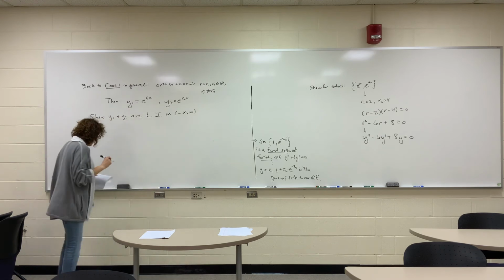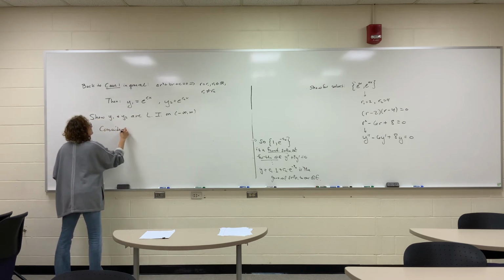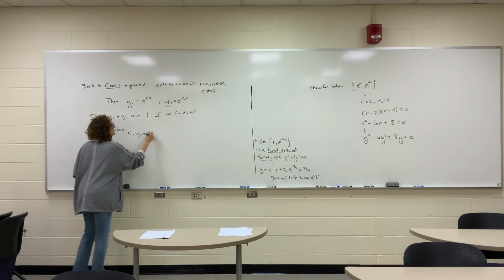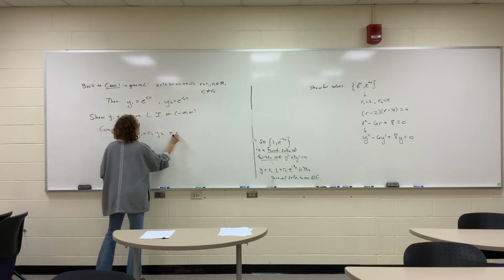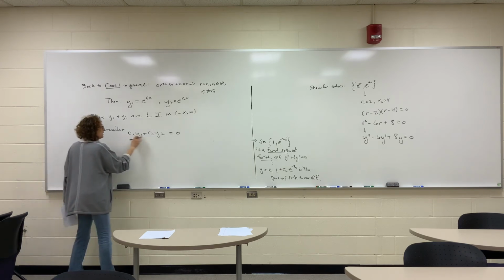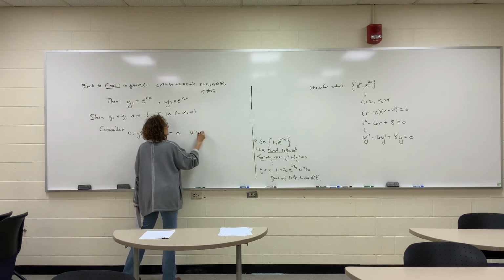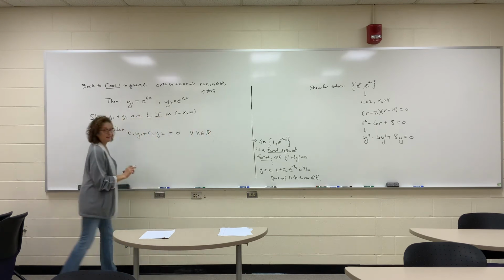So let's consider C1y1 plus C2y2 equals 0. That's the equation we want to think about. And we want to see if we can show these two constants have to be 0 in order to make this equation 0 for all real x.